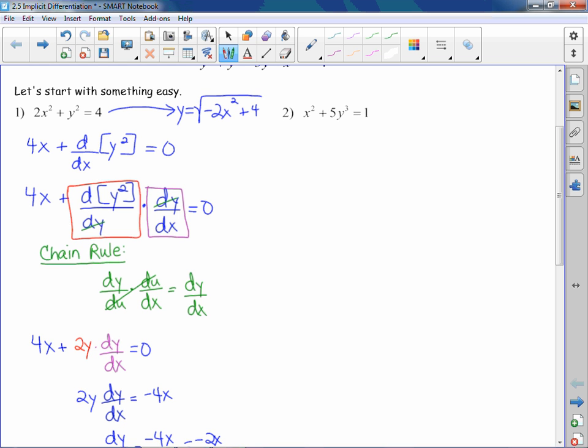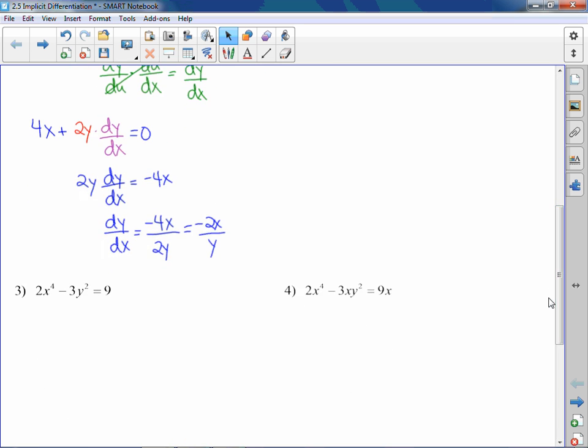So if you were taking the square root, of course, you're going to get a plus and a minus. Now you have a whole bunch of stuff to take the derivative of. You've got to take the derivative of positive square root of negative 2x squared plus 4, which is a chain rule because that's to the 1/2 power. And you'd also have to take the derivative of negative square root of negative 2x squared plus 4. Again, the chain rule.